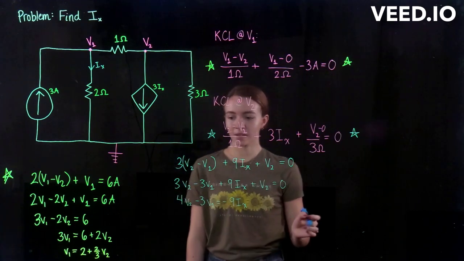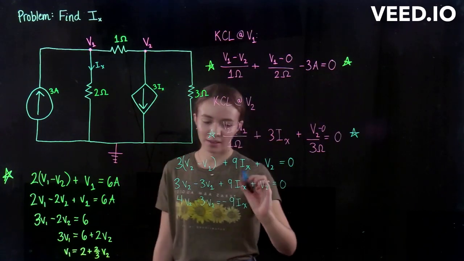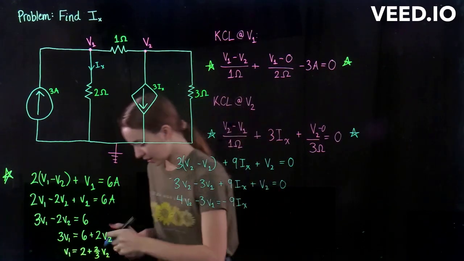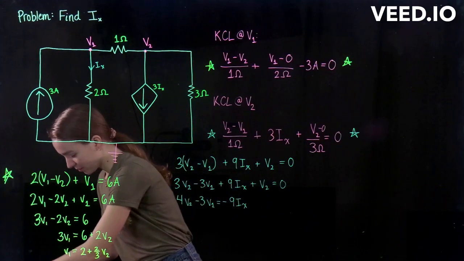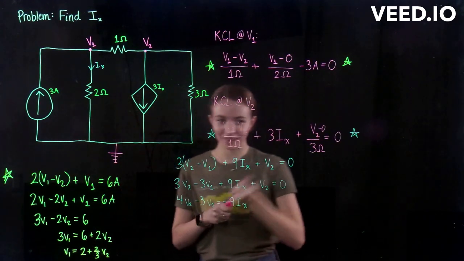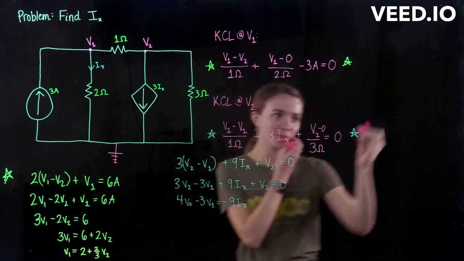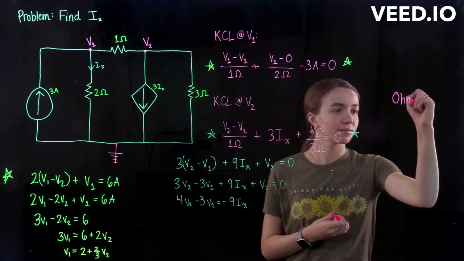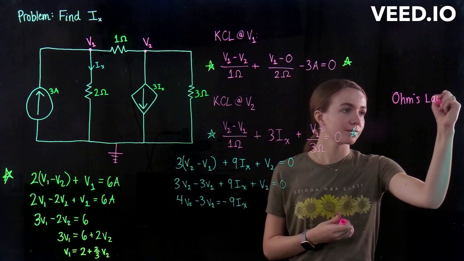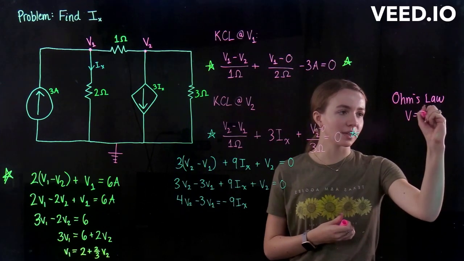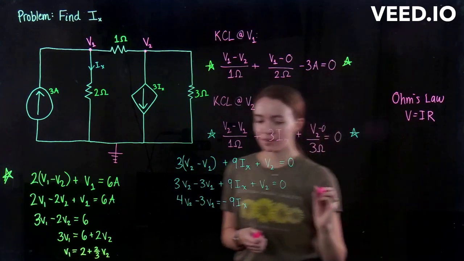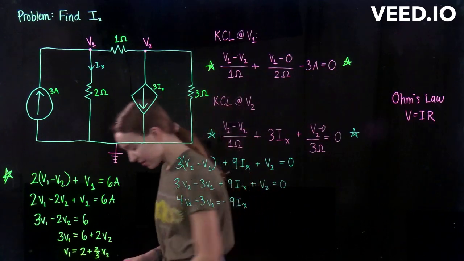So now since we're going to be solving for just V1 and V2, we need to do something about this Ix over here. So we do have one law that can help us with this, and it's Ohm's law, which is V equals IR. So we're going to use that to get a value to put in for Ix here.